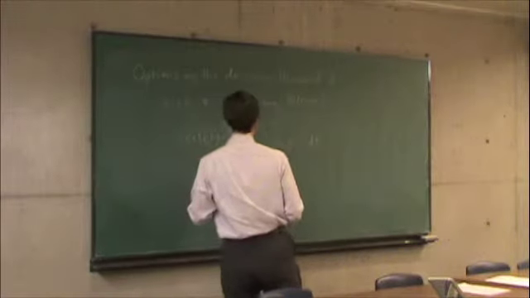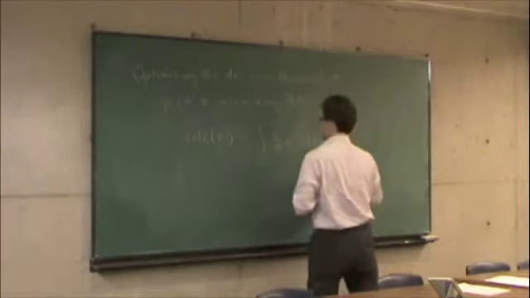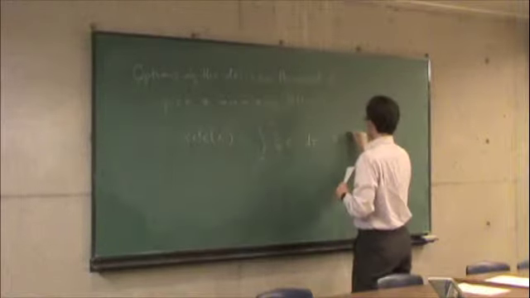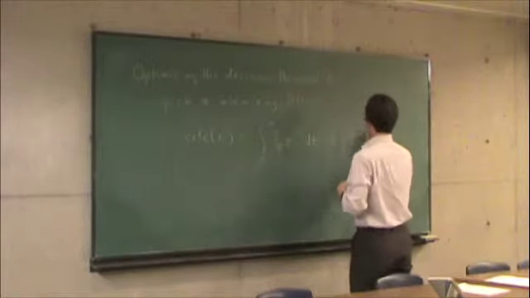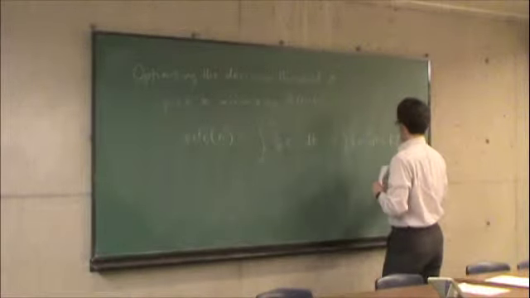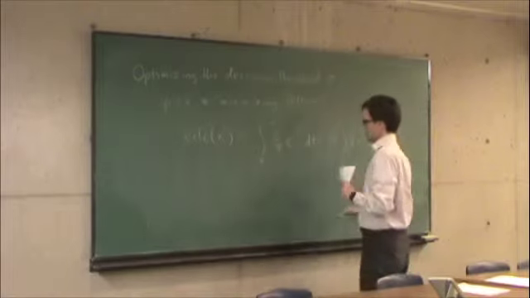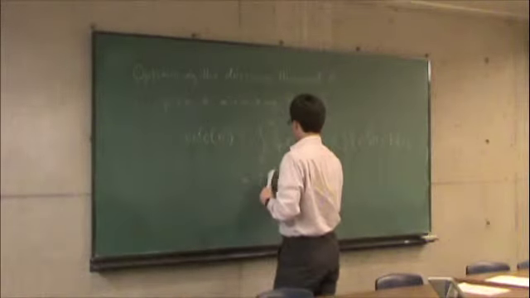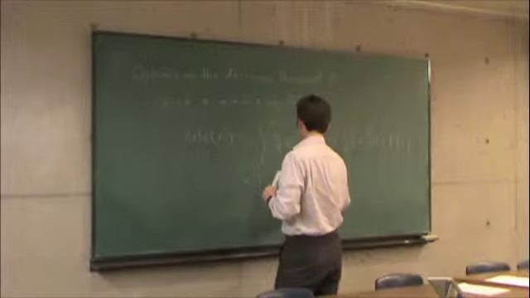So I don't know what the indefinite integral is, but I could just treat it symbolically. Let's say the indefinite integral of 2 over root pi e to the minus t squared dt is equal to capital F of t. Then this integral is equal to capital F of infinity minus capital F of x.